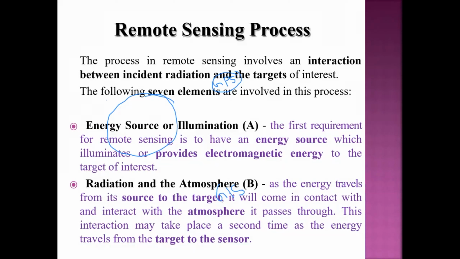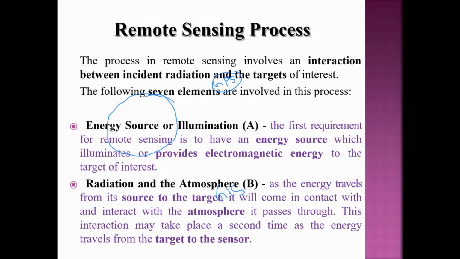Passive sensors are those having the energy source from the sun, which use the sun's energy. But in the active sensors, the sensor itself provides the energy source. Later on we will discuss it in detail.